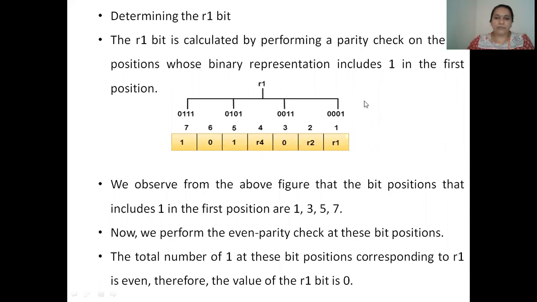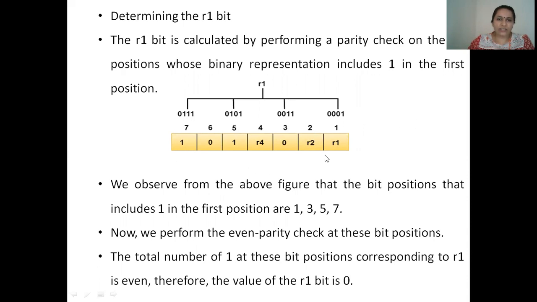Out of the 7 bits, if we see the binary equivalents of the positions, bit positions 1, 3, 5, and 7 are the positions whose binary representations start with a 1 in the first bit position. So from the above figure, we can perform the even parity check at these bit positions.